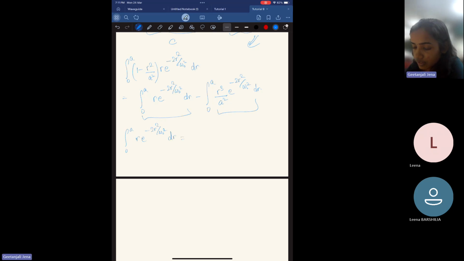This will give omega 0 square by 4 times 1 minus e to the minus 2a square by omega 0 square. Let us say this value is I1, so we have omega 0 square by 4 I1.